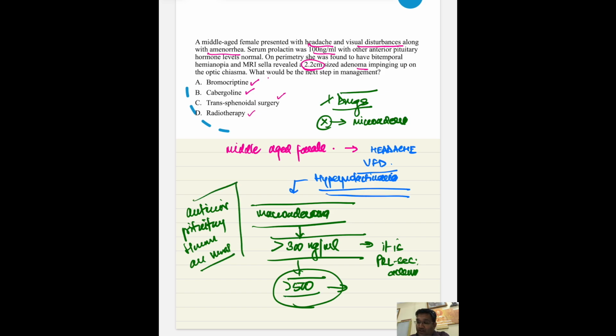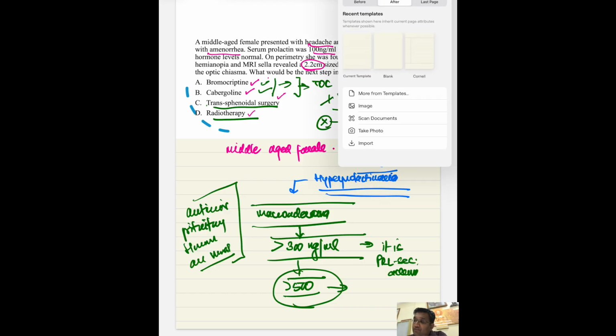If there is not a clear-cut prolactinoma, the medical management goes off, because medical management is the treatment of choice for microadenomas. Then transsphenoidal surgery and radiotherapy are there. So when do we go for transsphenoidal surgery in prolactinomas?